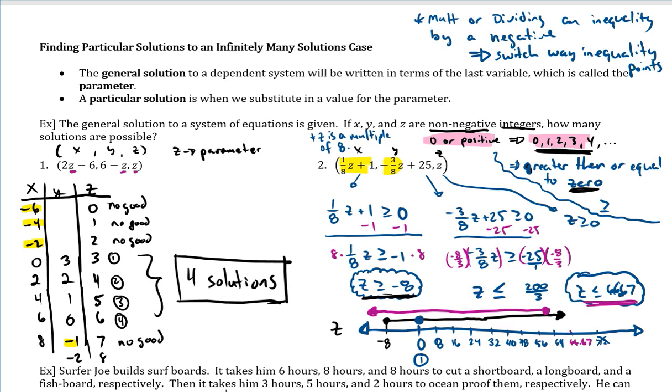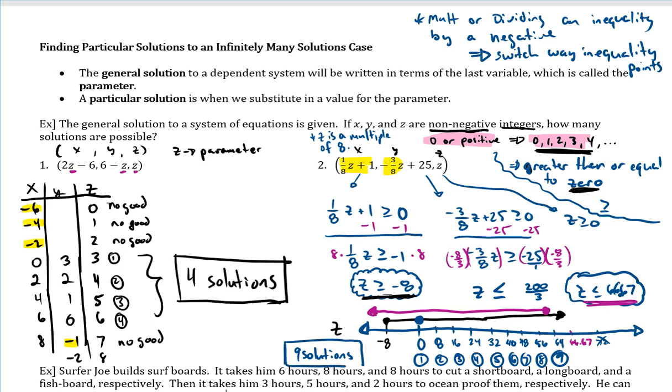So all of these ones in blue, starting at 0, we have 1, 2, 3, 4, 5, 6, 7, 8, and 9 values that are in between the -8 and the positive 66.67 that can go into the 2 coordinates that have fractions in them to turn them into whole numbers. Okay, so that's how this one gets broken down, or this is at least one way to do it. So our answer for this is we have 9 solutions.